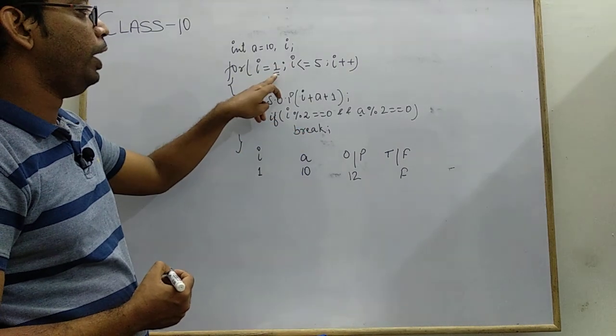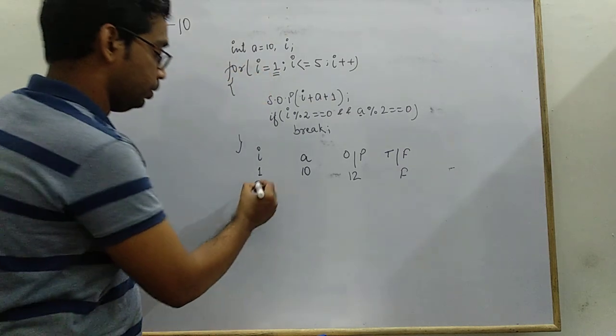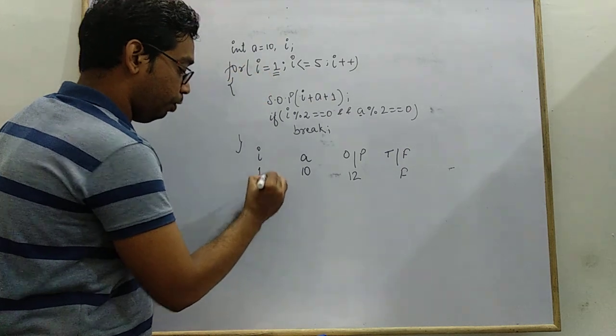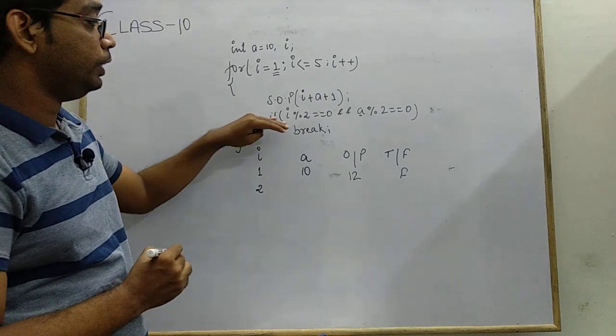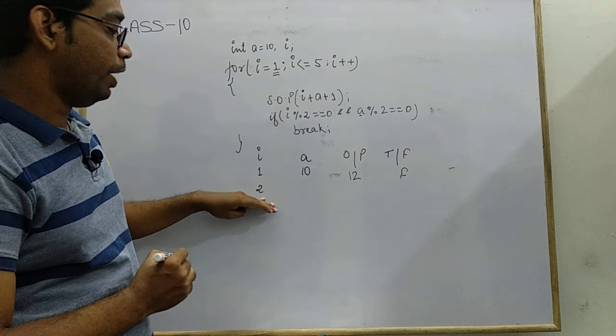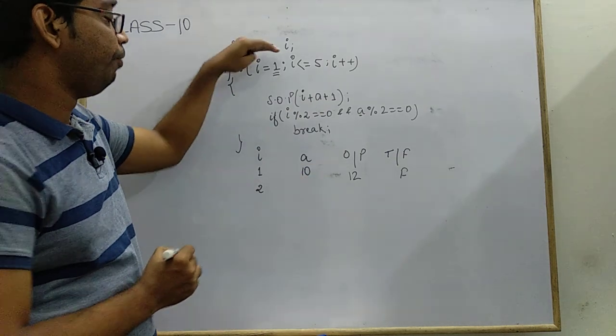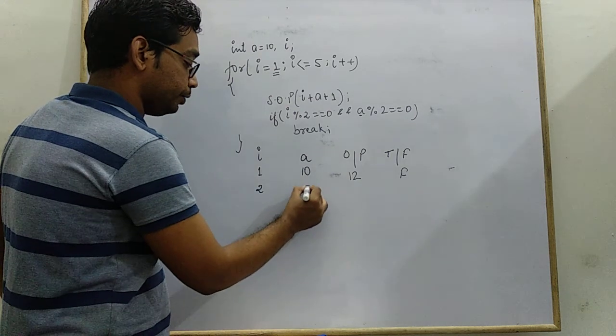Now come again, the value of i becomes 2. The value of a remains 10.